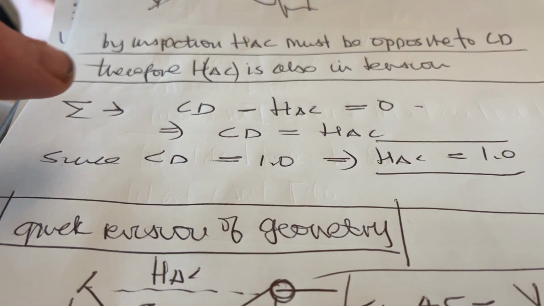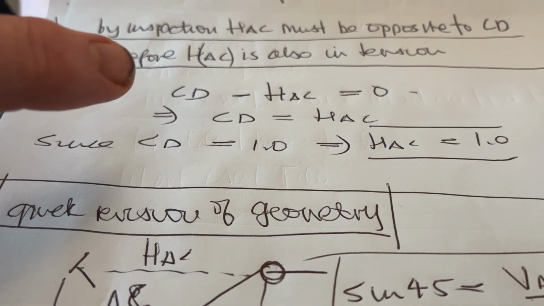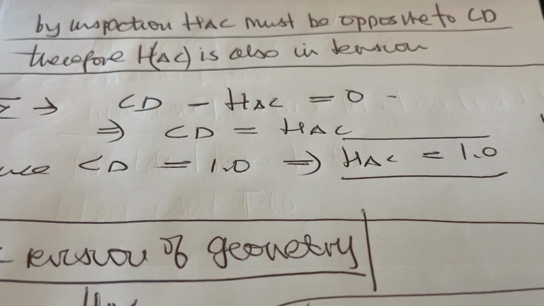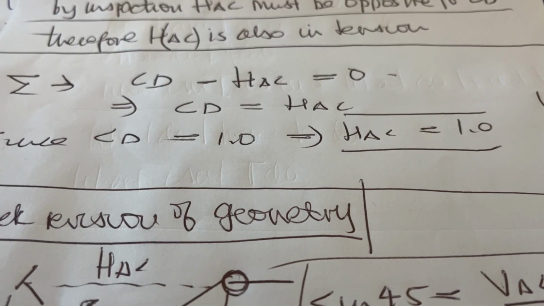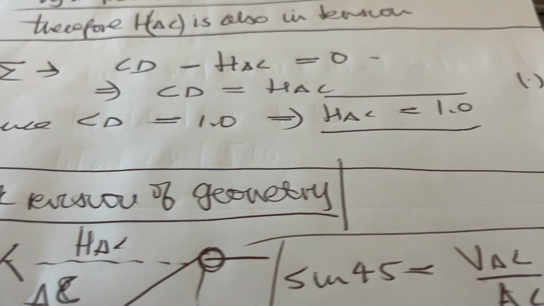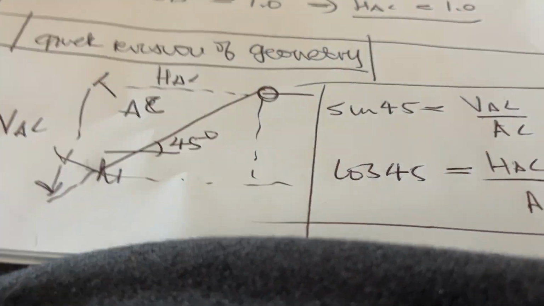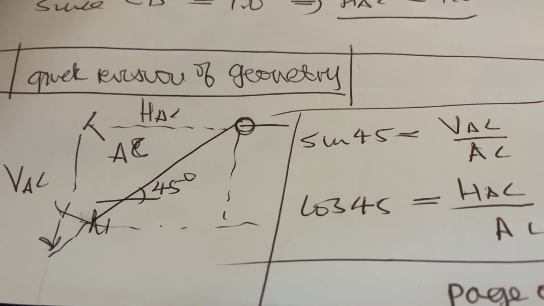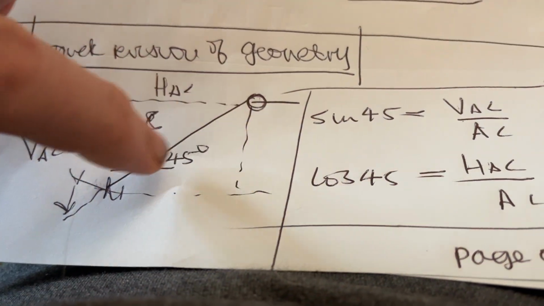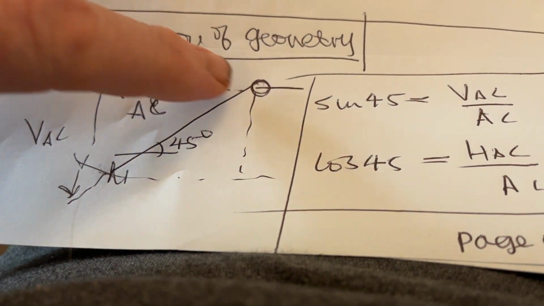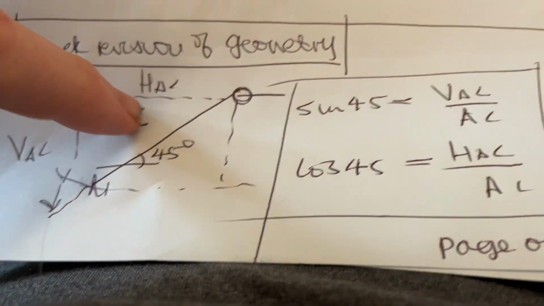Take horizontal equilibrium. CD minus HAC equals 0. CD equals HAC. Since CD equals 1, HAC equals 1. Quick revision of the geometry. Here, AC is at 45 degrees. HAC is the horizontal component, VAC is the vertical component.